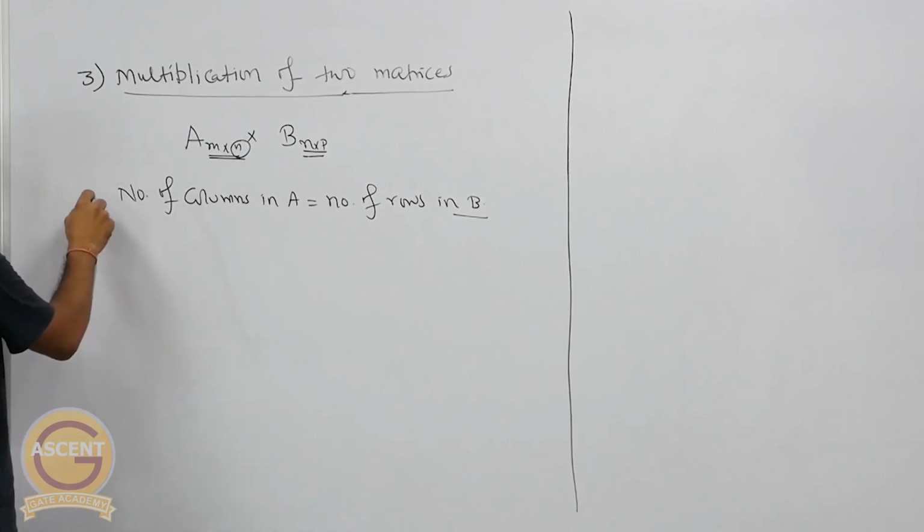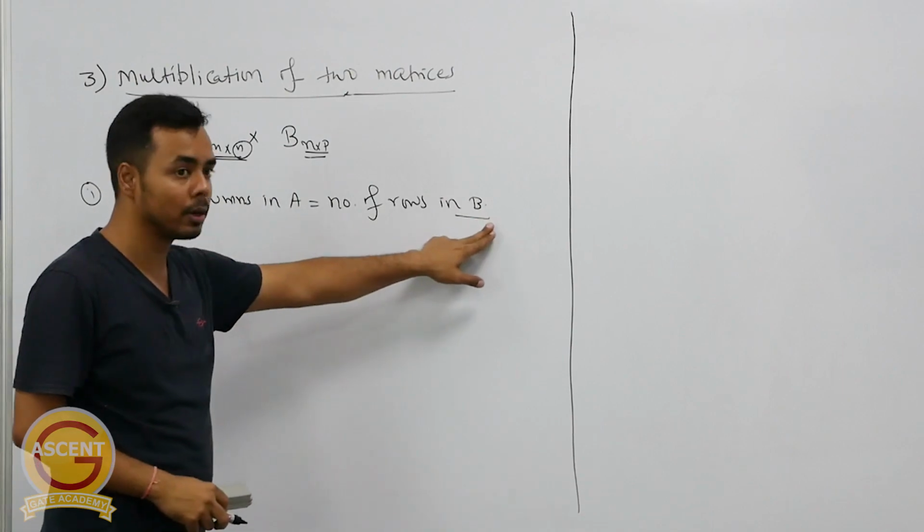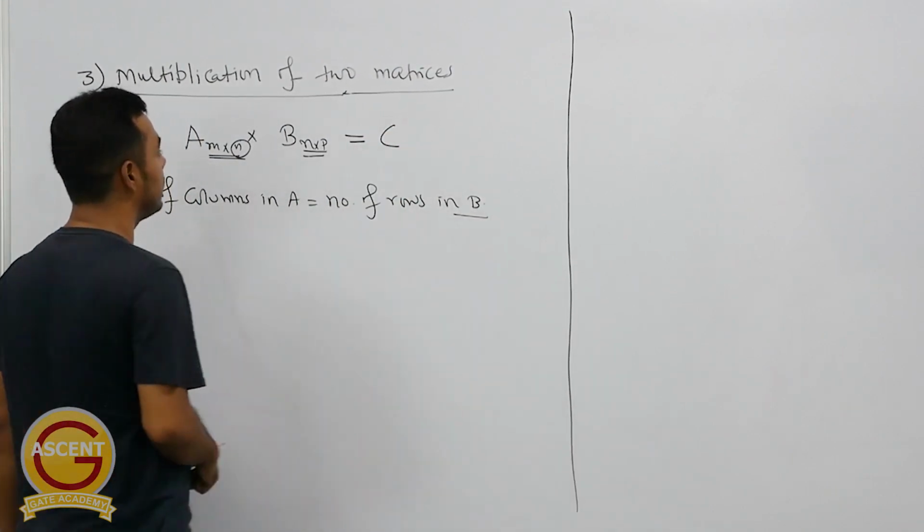In case of matrix multiplication, the multiplication is possible only when the number of columns in A is equal to the number of rows in B. And say the product of these two matrices is some matrix C.